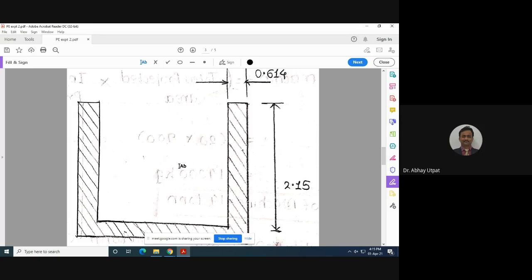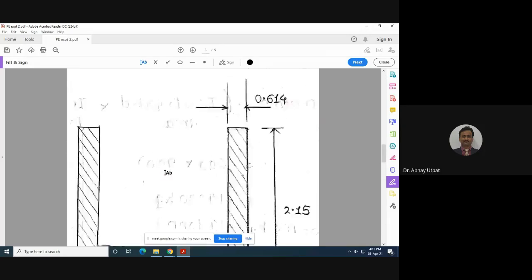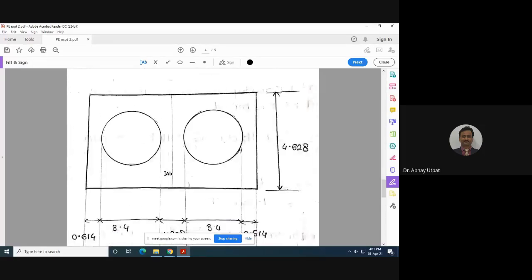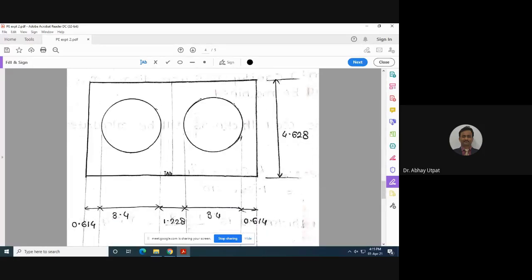Once you have made the calculations for a single hole, let us go for two holes. That is a two cavity plate, which is shown in figure number 4. So figure number 2 is modified to figure number 4. I hope you are understanding this.